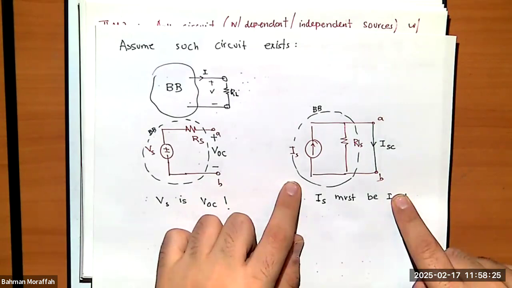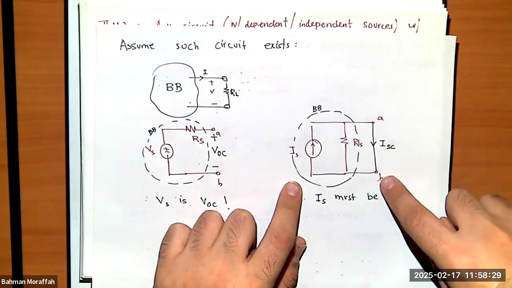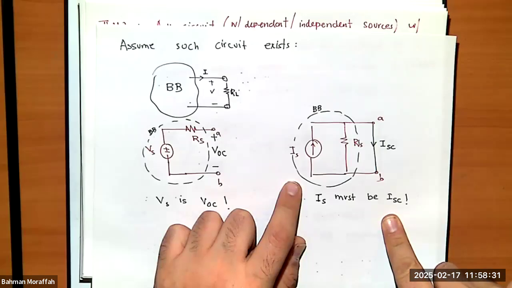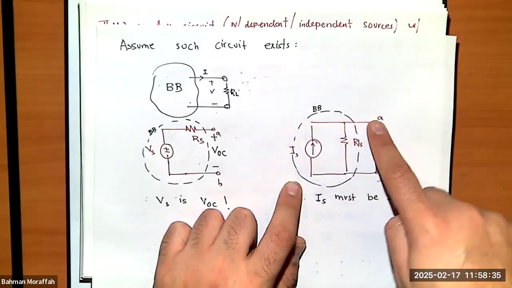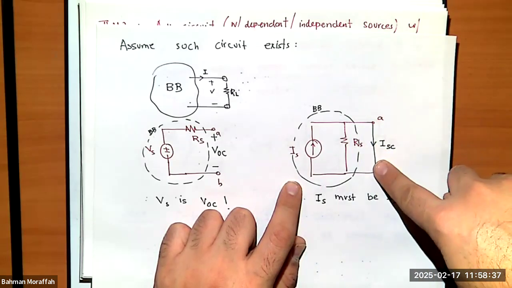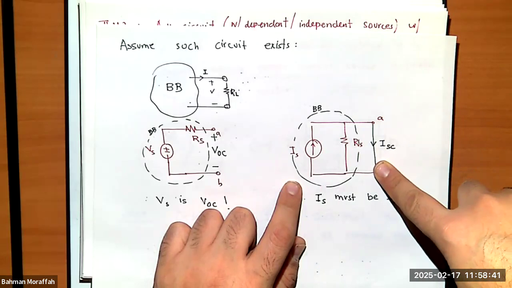How about over here? If I find the current through A and B just by shorting it out, I know Is must entirely flow through this branch, right? Because current always takes the path with the least resistance.